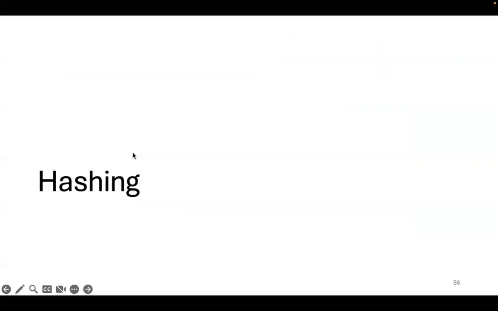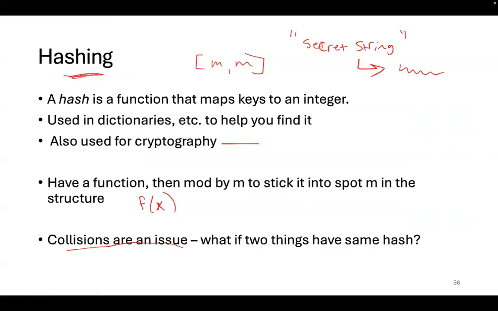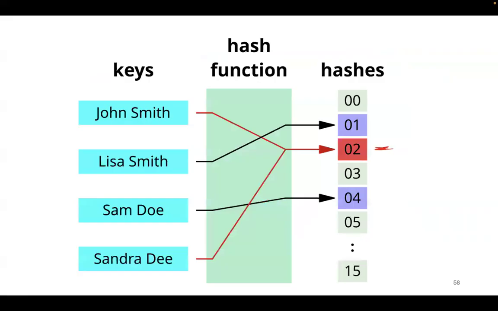Okay, so we talked about hashing, and this is the part that I forgot to mention last time. Just to remind you, a hash is some function where we have some key and it gets mapped to something that obscures it. Typically we map it to an integer, and then we put this item into that integer spot in our array. One of the issues with hashes is, what if two things have the same hash?